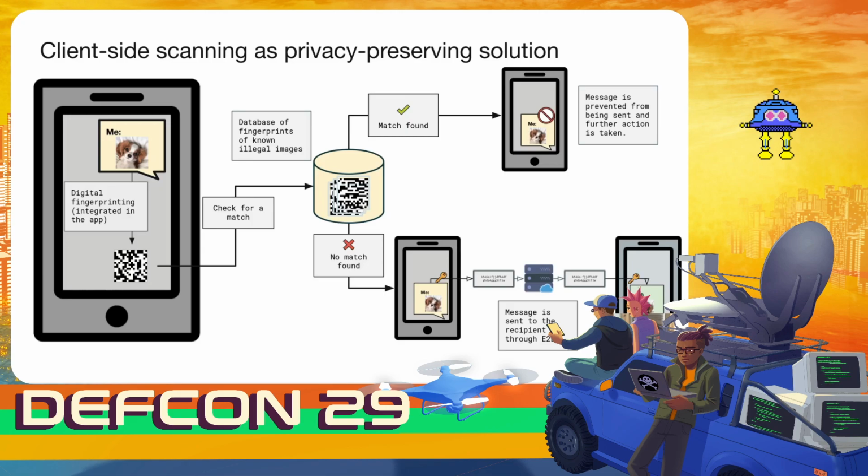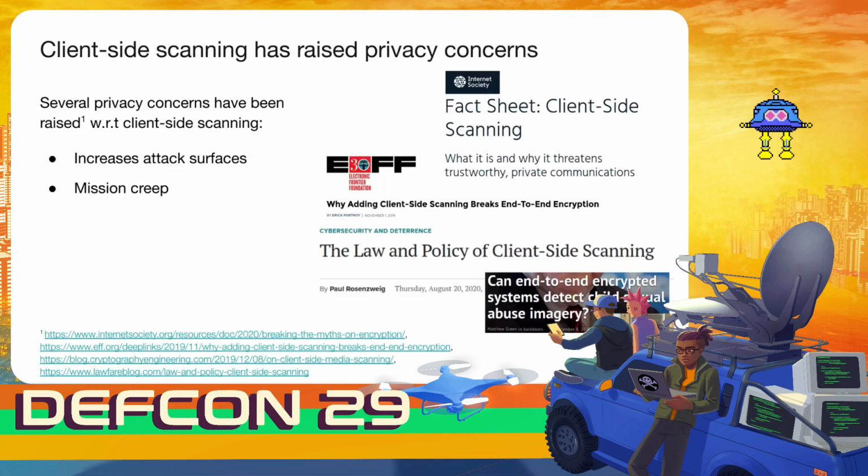Client-side scanning has again raised some privacy concerns in the community, and these rest on two main facts. Firstly, it will increase the attack surface. Now there is a digital fingerprinting algorithm which is scanning, matching against the database, and flagging the resource, so this increases attack surfaces that can be abused by an adversary.